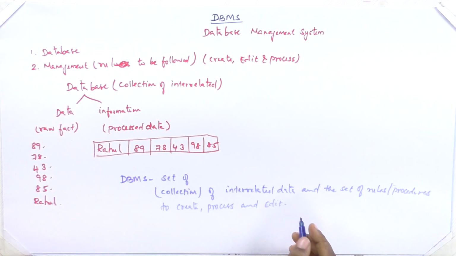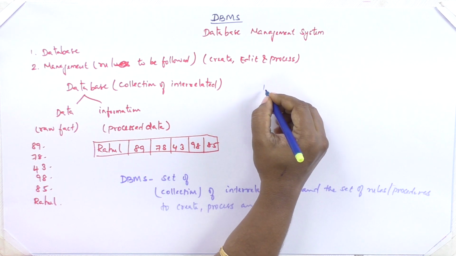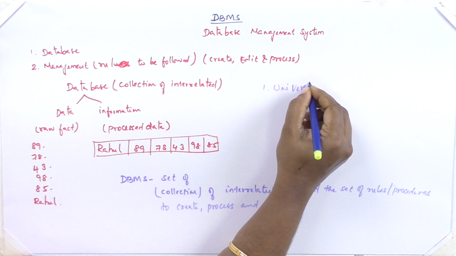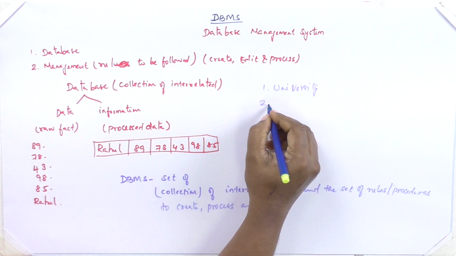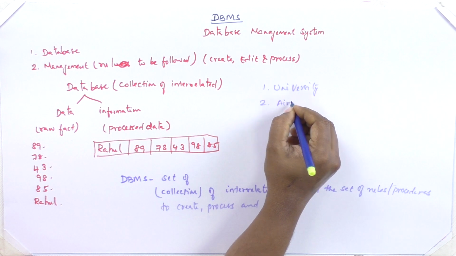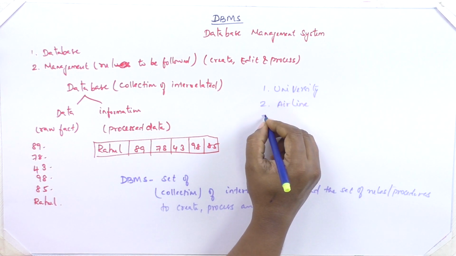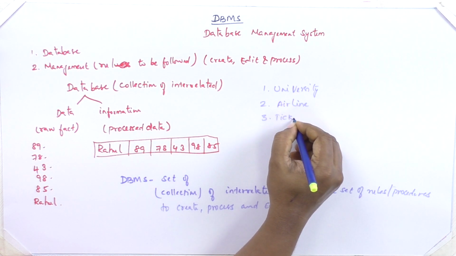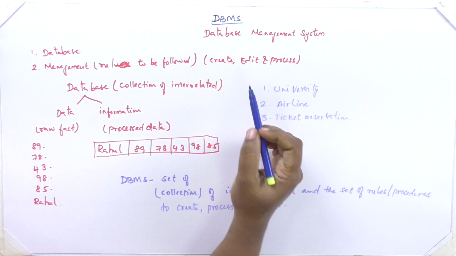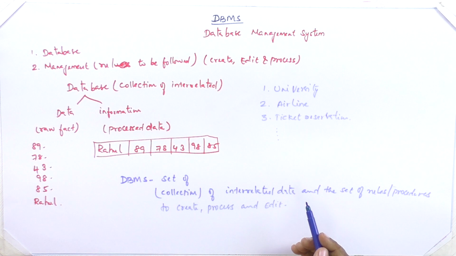So nowadays we have a number of applications for DBMS, and everywhere we could see that. All your university data is an example of DBMS, and airline reservation or any ticket reservation system is an example for DBMS. So likewise there are a number of applications available for a database management system.